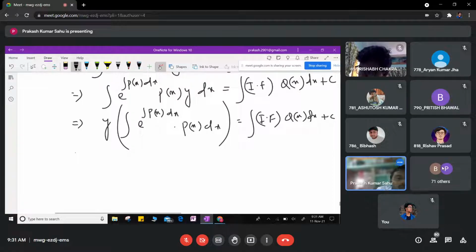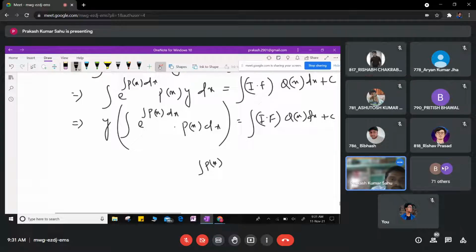So now here you do one thing, suppose this integration of px dx is equal to, suppose your p star, okay.